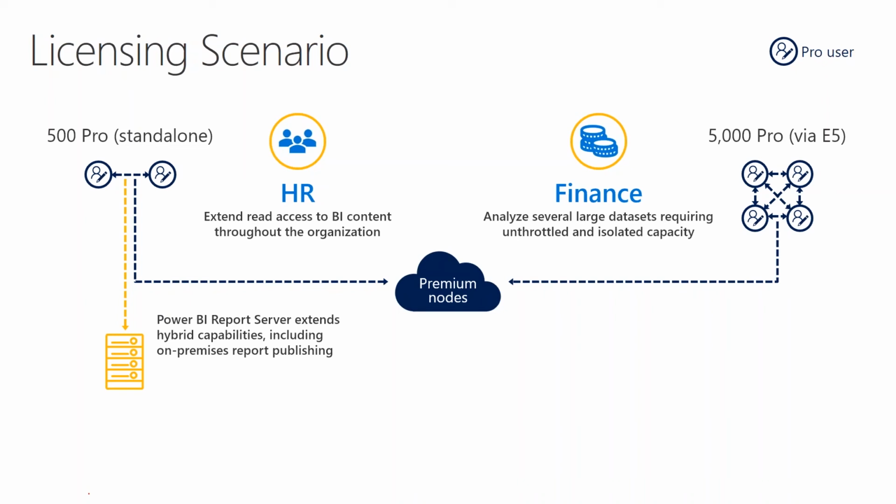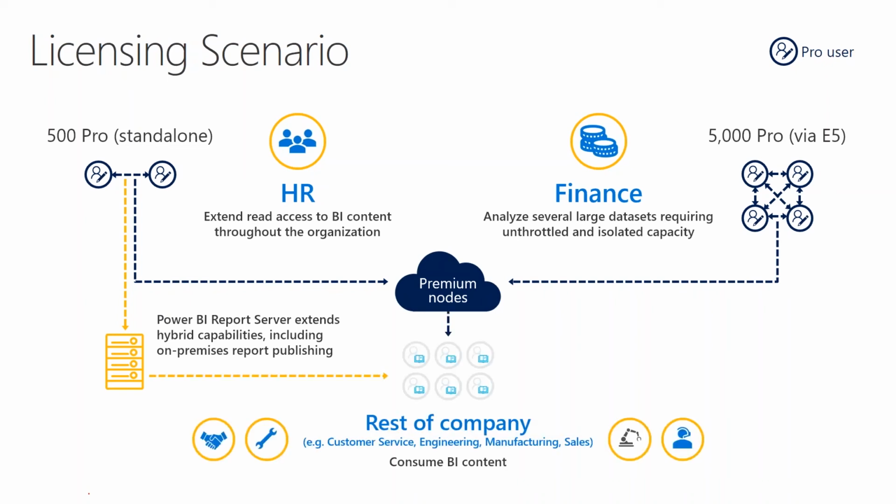So they've got 5,000 users using Power BI Pro basically. With Power BI Premium, they can customize the capacity based on whatever unique set of requirements they have for their Power BI application. They can purchase their own dedicated capacity and control the users, the content they serve, and the SLA.